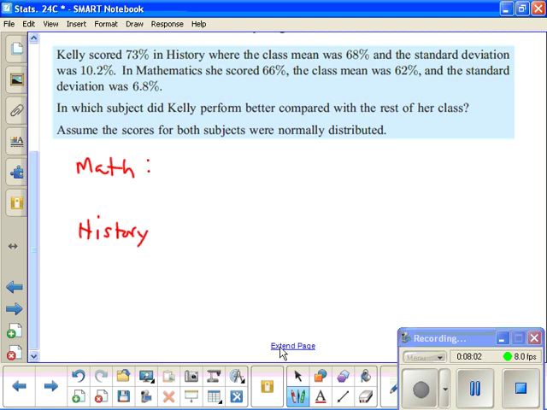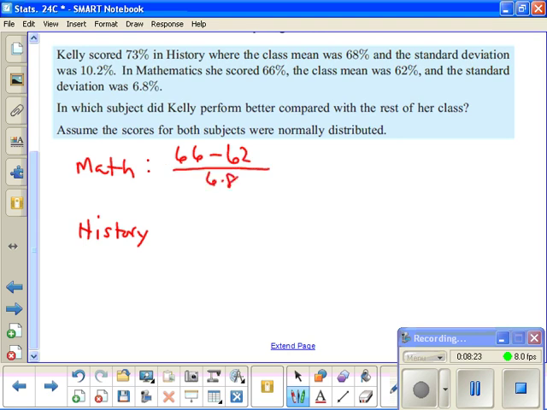We can convert her math score, or her history score, into a z-score. We take the score itself, she scored a 66, minus the mean, divided by the standard deviation.